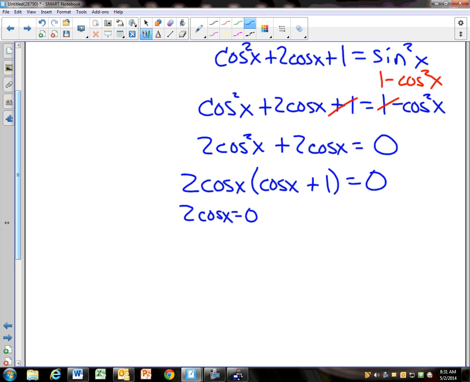Where does 2 cosine of x equal 0? Divide both sides by 2. Cosine of x is equal to 0. We've already said this a few times. Where's cosine equal to 0? 90 and 270.